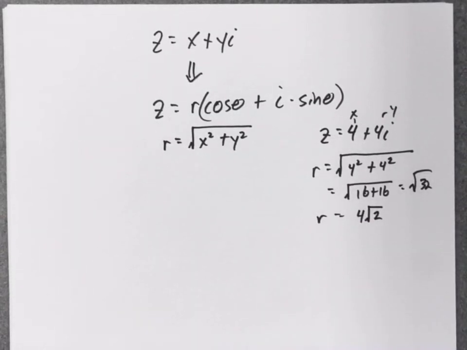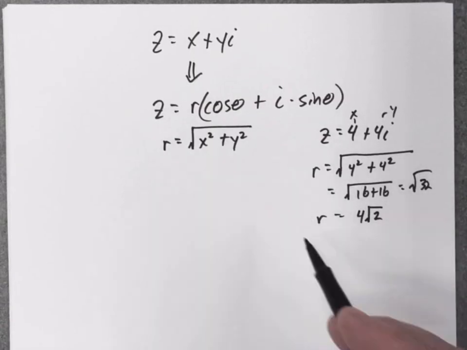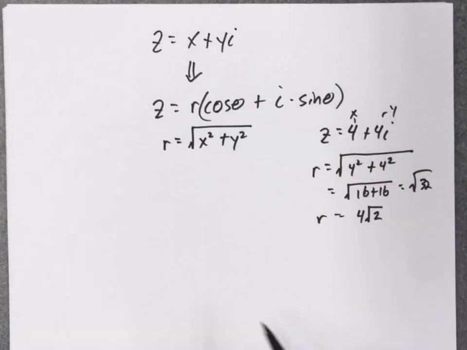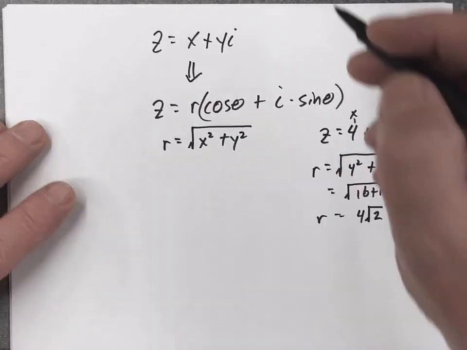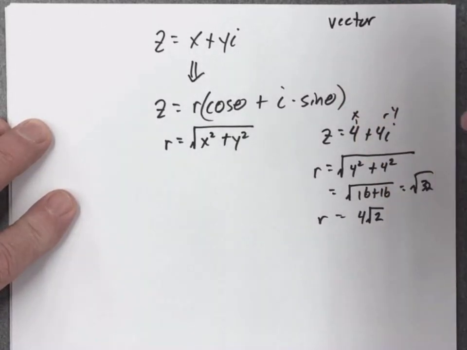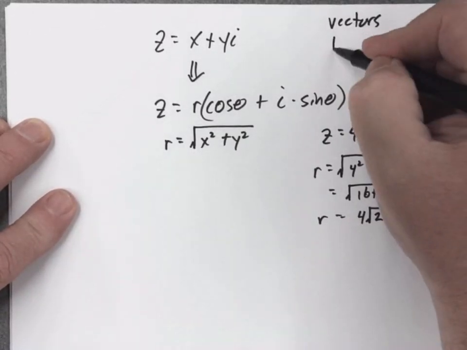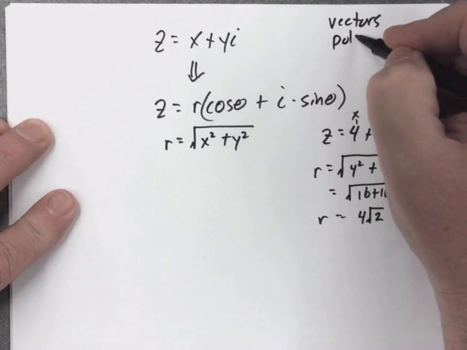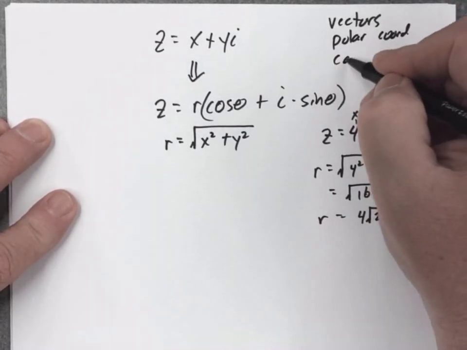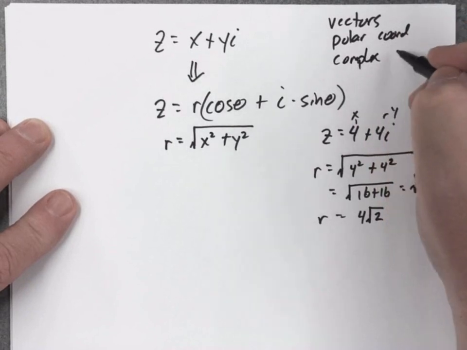So I've determined R is 4 square root of 2. I won't give this background, but this goes back to the same idea of when we started using vectors and polar coordinates and now complex numbers.